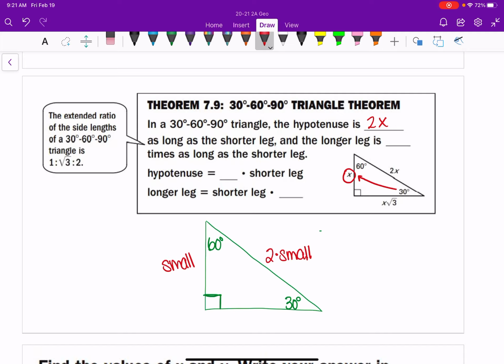The long leg is root 3 times as long as the shorter leg, so we take the short leg and multiply it by root 3. So again, the hypotenuse equals 2 times the shorter leg, and the long leg equals the short leg times root 3. So that's our relationship, and you guys can either type in or drag those text boxes around.